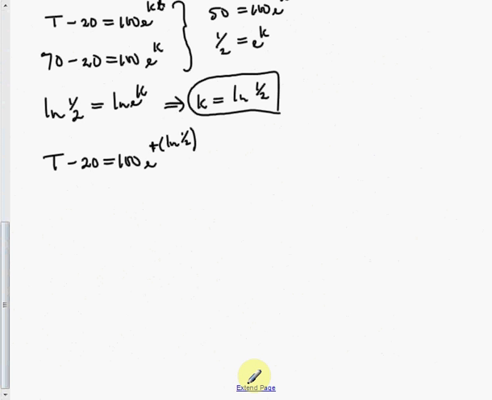Let's see how you really appreciated arithmetic and algebra. So this is t minus 20 is equal to 100 times e to the natural log of 1/2, times t. Tell you, I really miss the old chalk days.